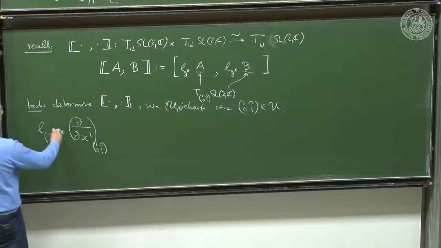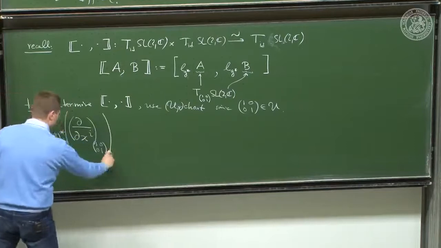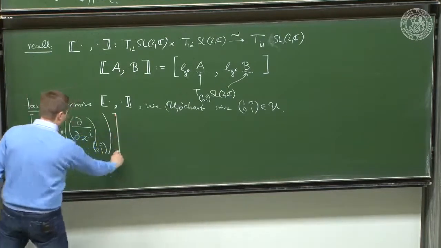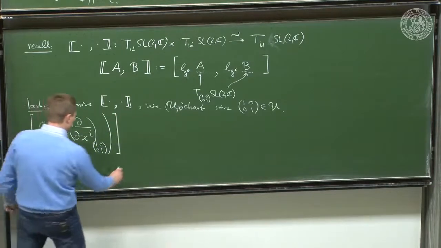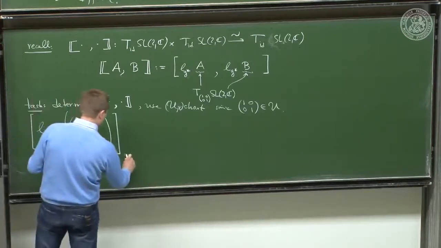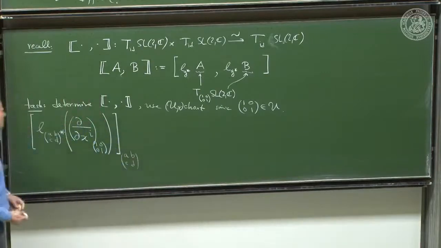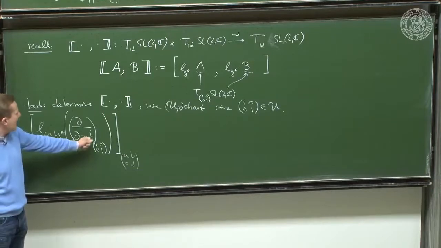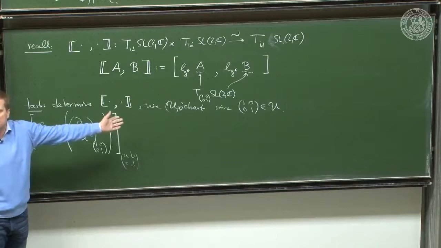Okay? I act with this guy on that guy. And of course, the entire result will be a vector, namely the pushed forward vector. Where will it live? It will live at this guy times this guy, group operation wise, but that's A, B, C, D. So I take a tangent vector at the identity, the ith tangent vector in this coordinate system, but it's just clever to use that.